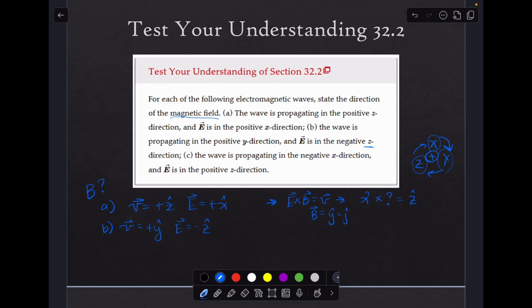So let's go back over here to my little arrow here. So I'm crossing negative Z with what would give me Y. So I'm going to drop the negative for now and bring it back in later. So Z cross what gives me Y?